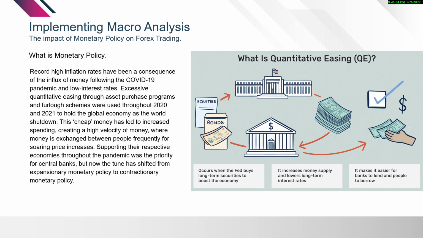You see, it was a priority. They couldn't just sit about and see the economies crashing. But now that the tune has shifted from expansionary monetary policy to a contractionary monetary policy, they need to now redo what they did during 2020 and 2021, right?